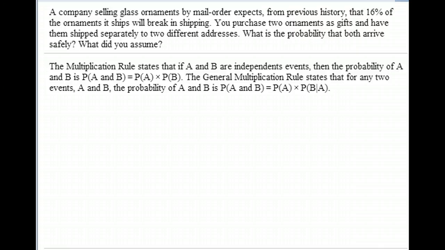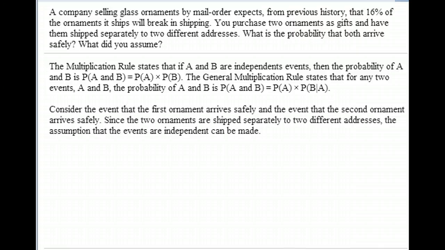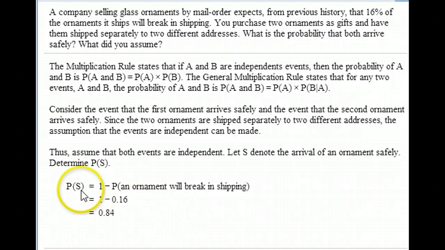So moving right along, if we look at the first ornament and the second ornament as 2 different events, then we will consider them to be independent. The probability of the thing breaking in shipping is going to be 1 minus the probability of a successful shipping is going to be 1 minus the probability that the ornament breaks.